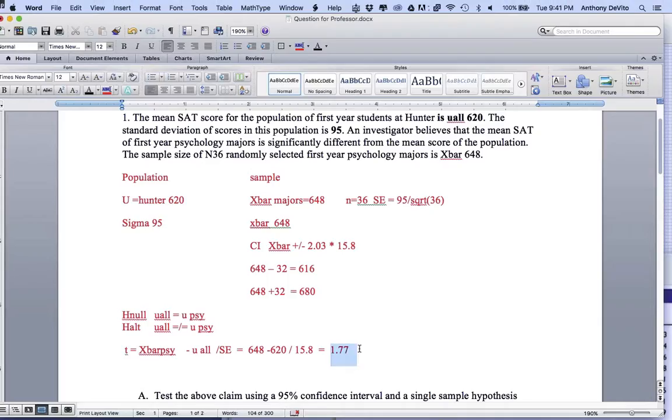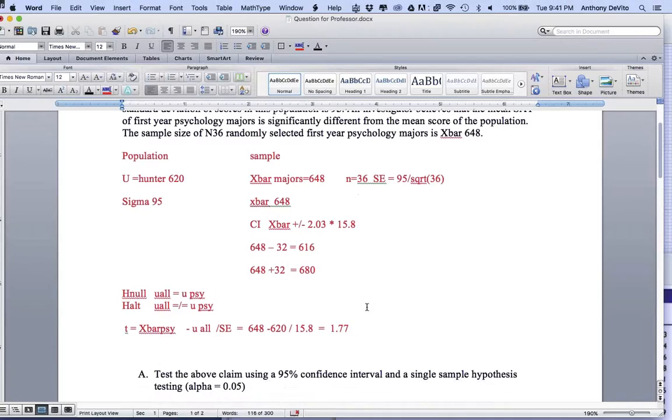What's the critical value of t for a sample size of 36? It's already on this page. 2.03, right, because we looked it up before. For 35 degrees of freedom, sample size of 36, it was about 2.03.